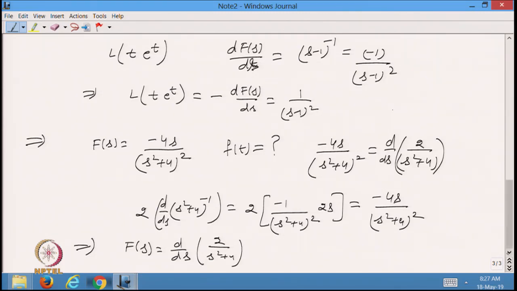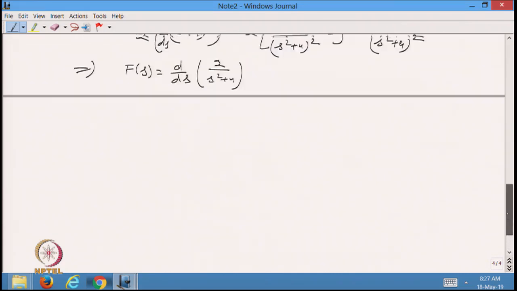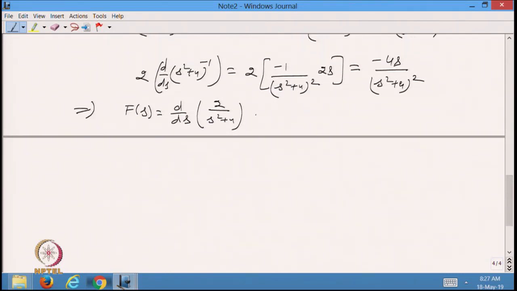Okay. So, this is equal to d by ds of some G(s). So, what is my g(t)? You know that g(t) is equal to 2 times, so it is a cos 2t.